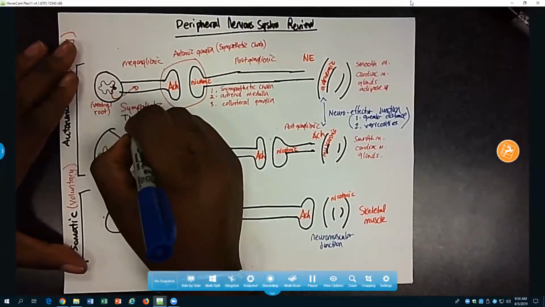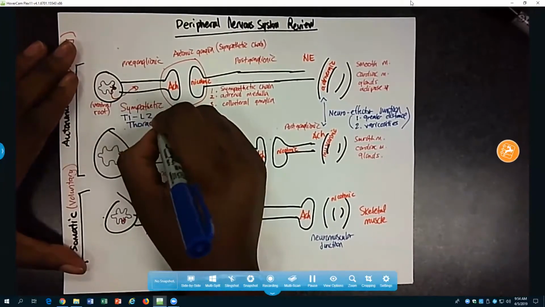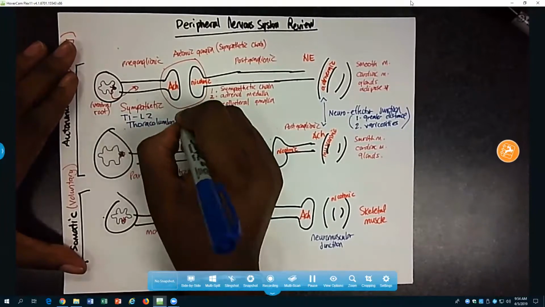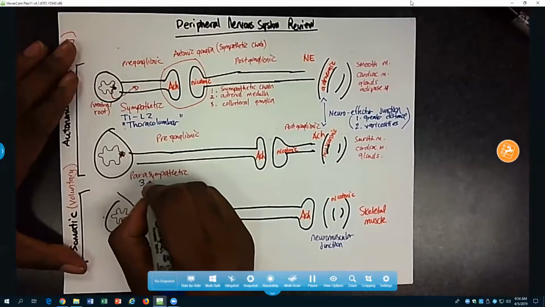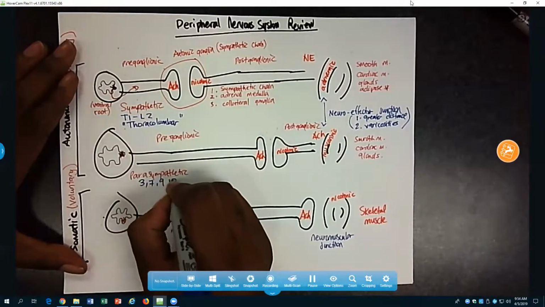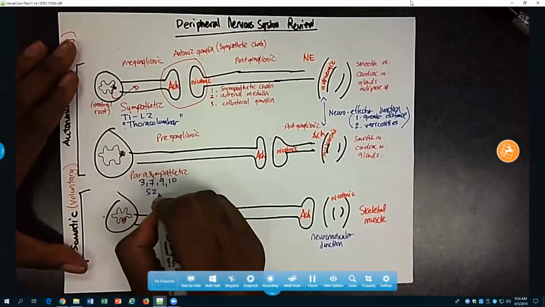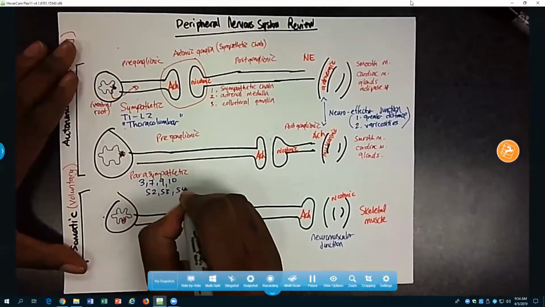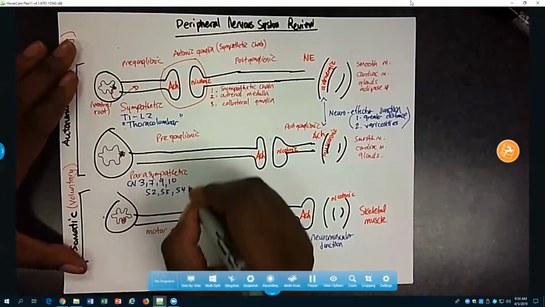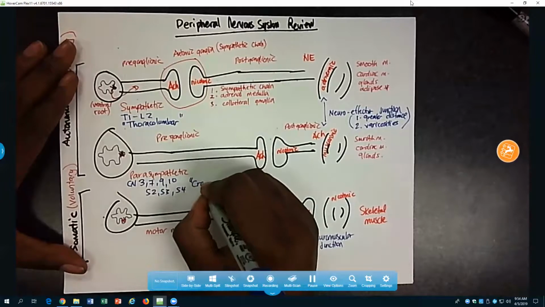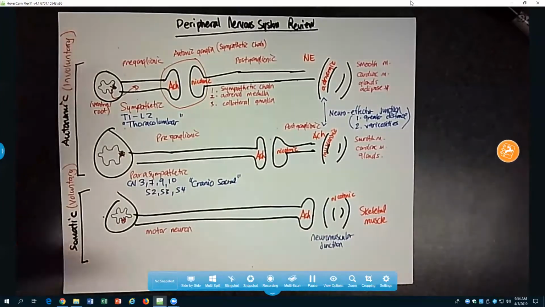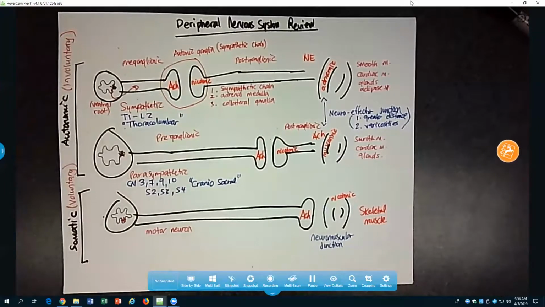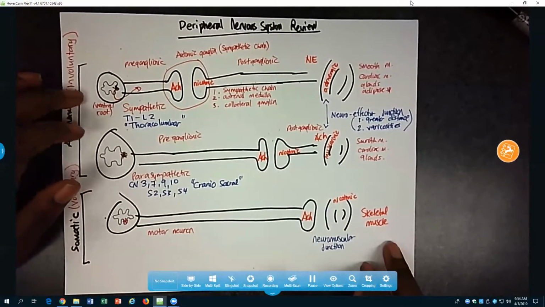Also called thoracolumbar. And then this is going to be cranial nerves 3, 7, 9, 10, and S2, S3, S4. And this is hence called the craniosacral outflow. Okay. And then obviously we should know the functions of both of these divisions.